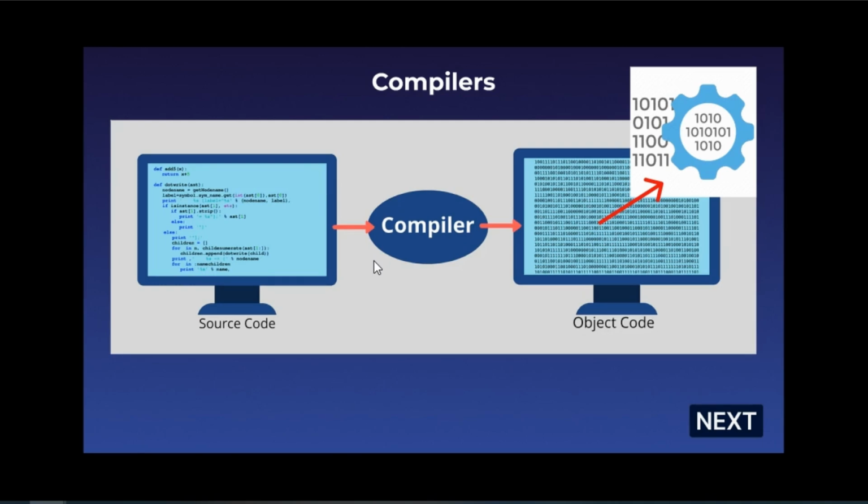Now this doesn't happen in Python. Okay, because in Python the compiler produces a bytecode, all right, which is an intermediary kind of file. It's a file that is further translated or interpreted by an interpreter.